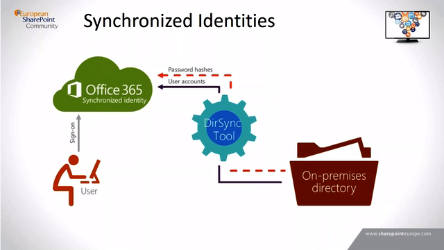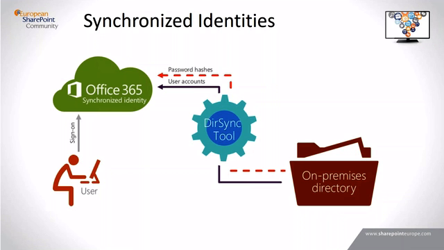Okay. So now the question is the password hashes. When we use this particular tool for synchronizing the identities with 365 along with a password hash, how does it synchronize my identities using the password hash? Well, this tool is going to read the user's information along with the password from the local Active Directory.